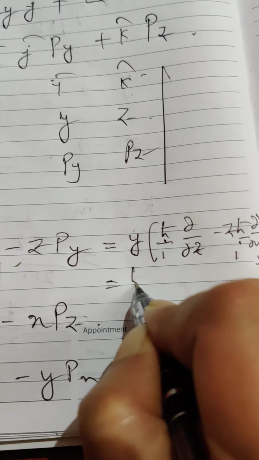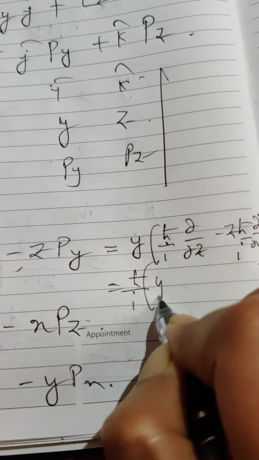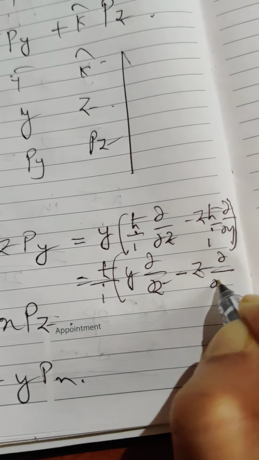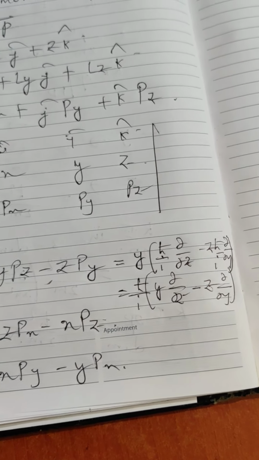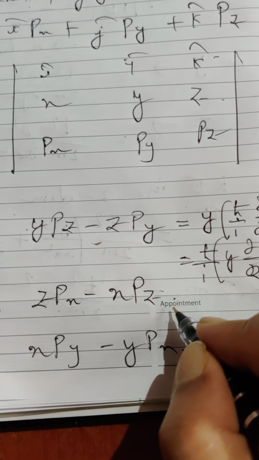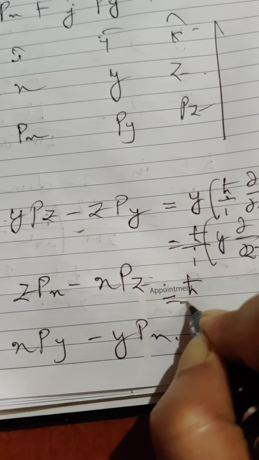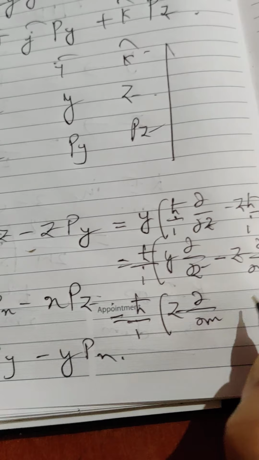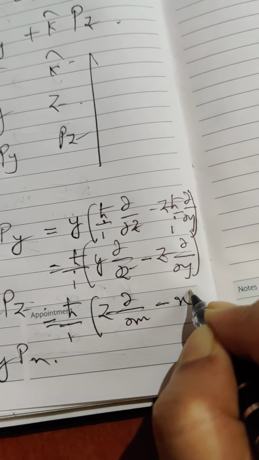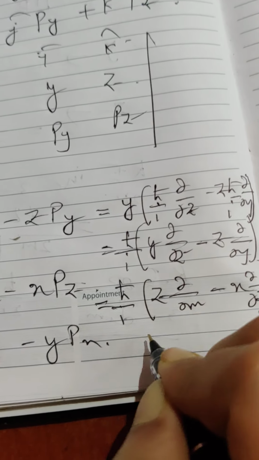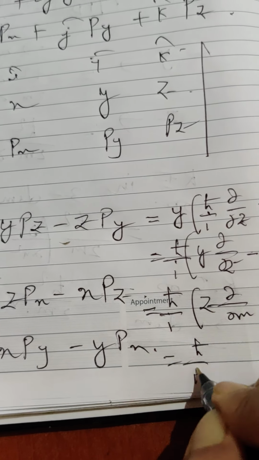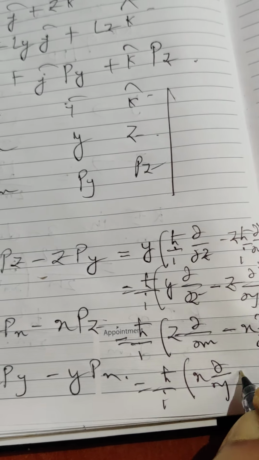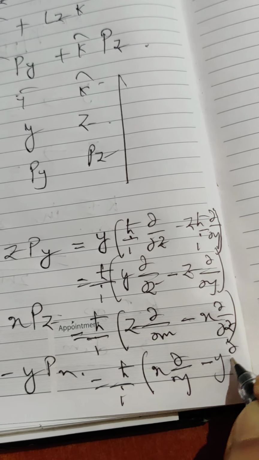So what you are getting? ħ by i (y ∂/∂z minus z ∂/∂y). And here ħ by i (z ∂/∂x minus x ∂/∂z), and here ħ by i outside, that is (x ∂/∂y minus y ∂/∂x).